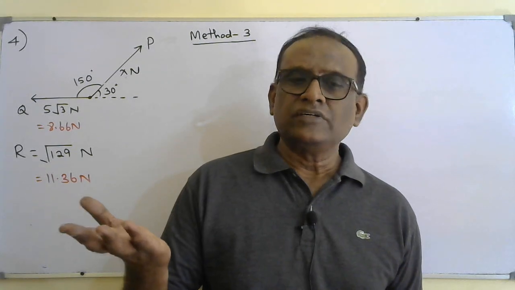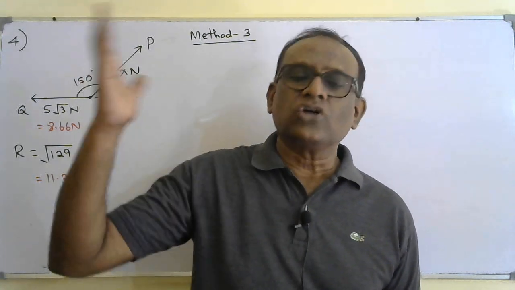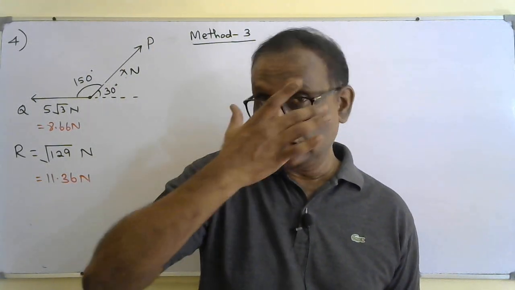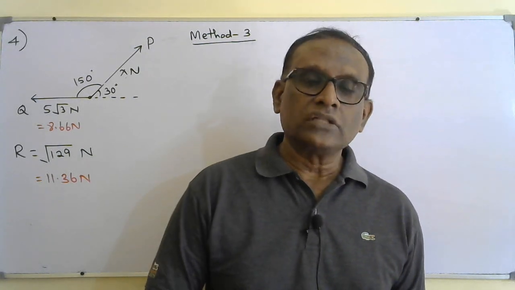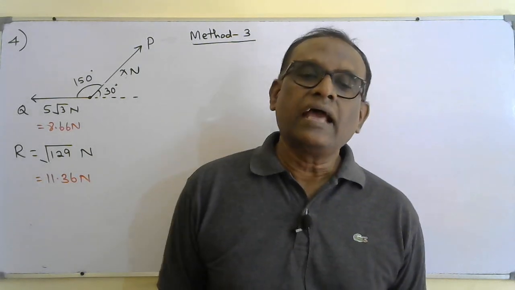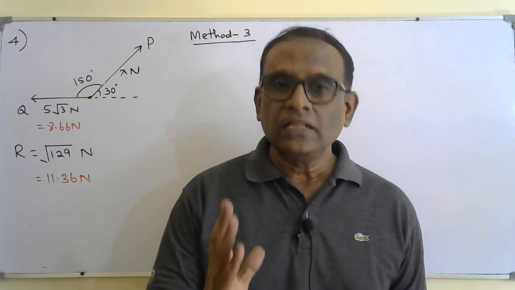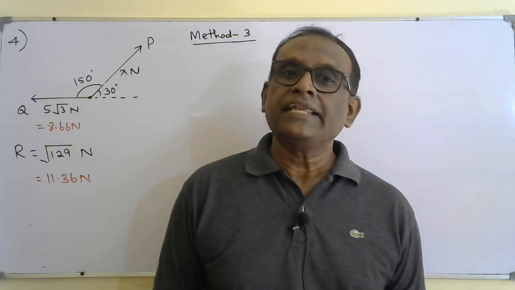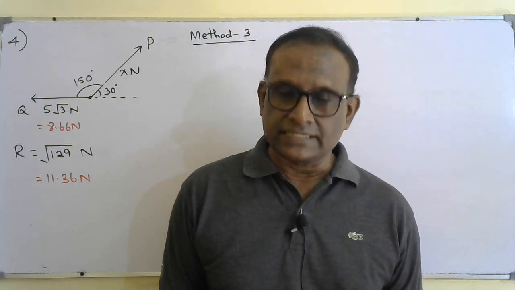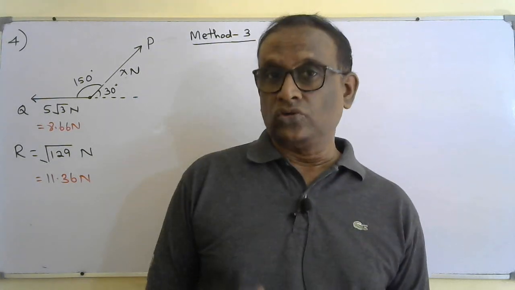Resolve all the given vectors, only two vectors given, into the horizontal direction and find the total horizontal component of the given forces. Then resolve all the forces into the vertical direction and find the total vertical component. Then use Pythagoras theorem to find the resultant. The resultant is given, so we can find the unknown force x.